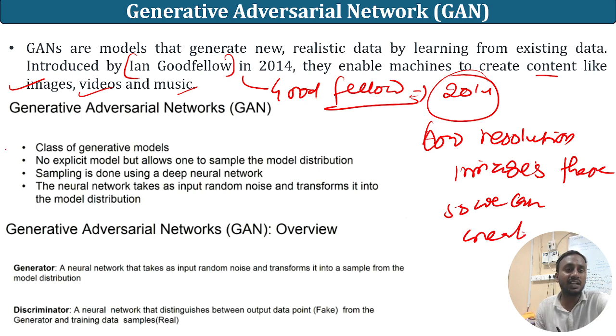It's a class of generative model that allows one to sample from the distribution. Sampling is done using the neural network.